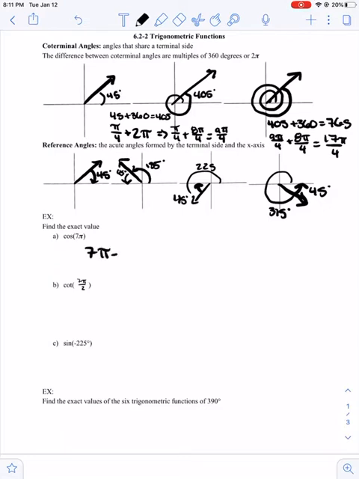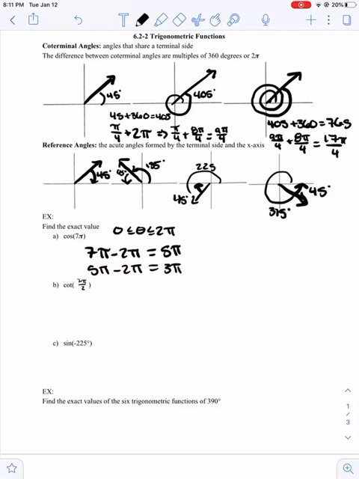So 7 pi minus 2 pi equals 5 pi. That's still bigger than between 0 and 2 pi. So we need to subtract another 2 pi. So 5 pi minus 2 pi equals 3 pi.